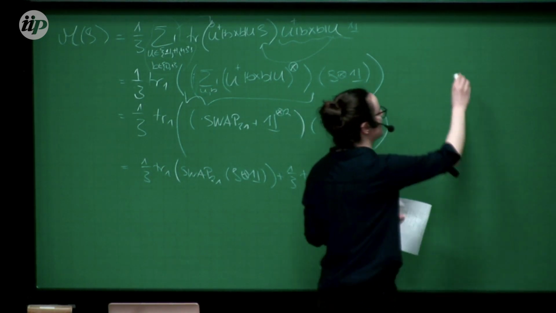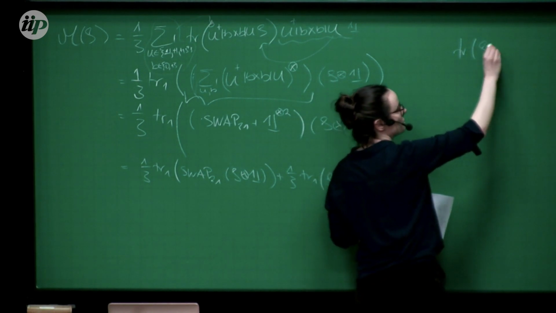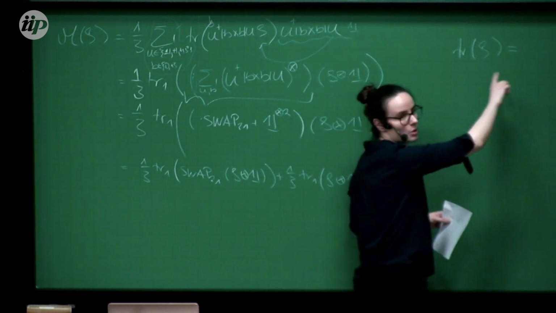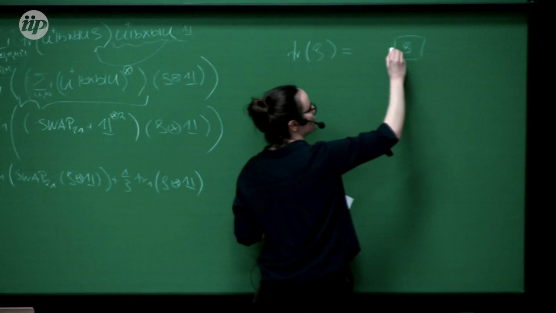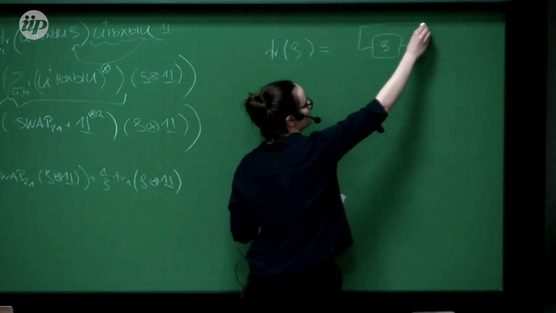So this trace of rho is the sum over the inner and outer product, right? So this is really just connecting these two legs here.